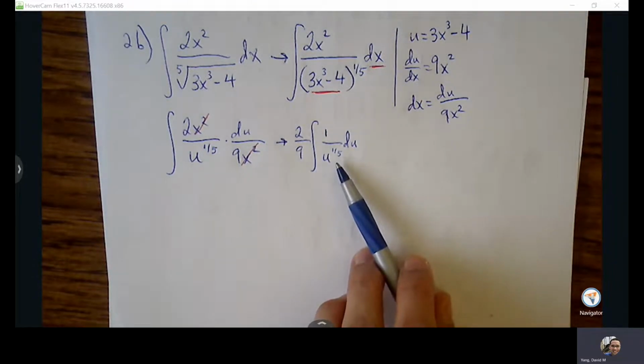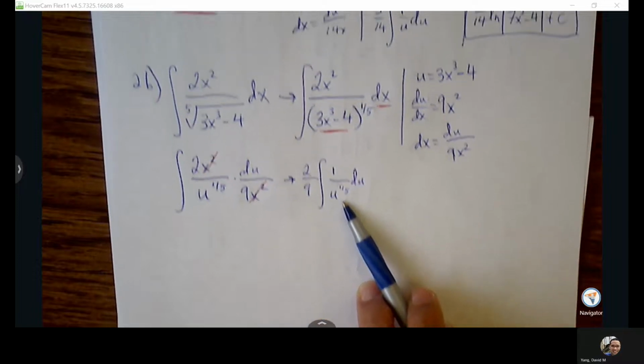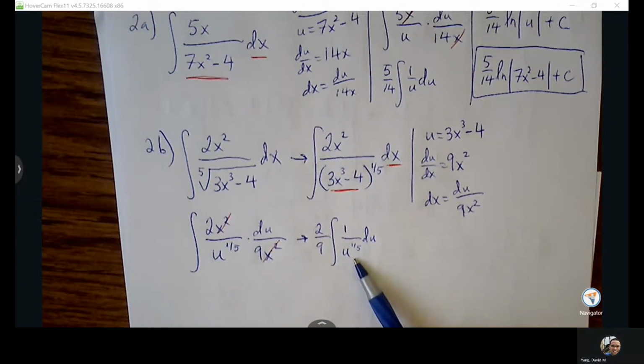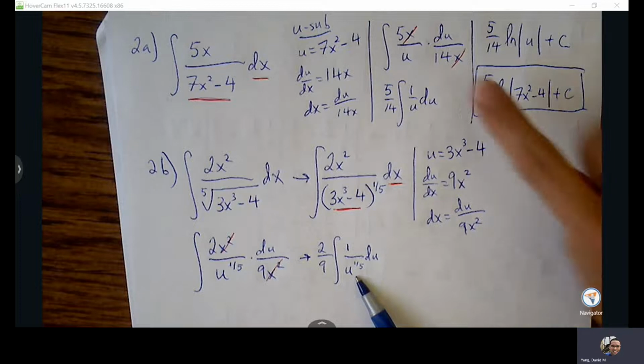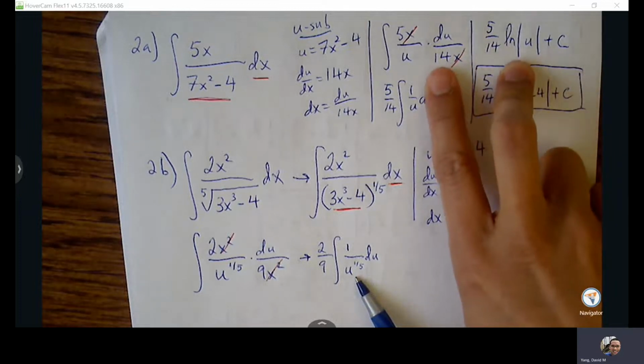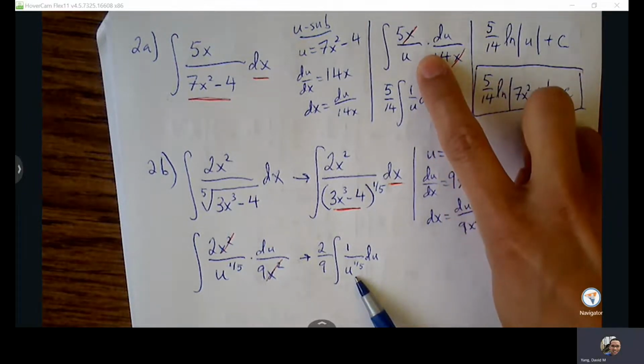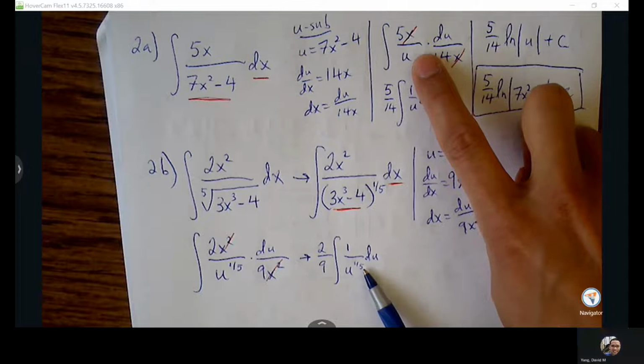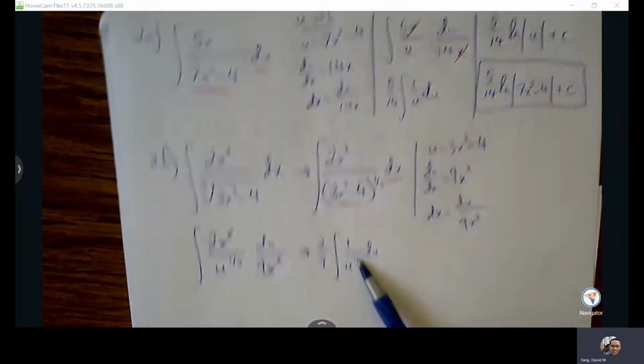Now, there's a variable in the denominator, but what rule do we use for this u to the 1/5? Can we use natural log like the previous problem? Why not? Yeah, that exponent is other than 1, so what rule do I have to use?